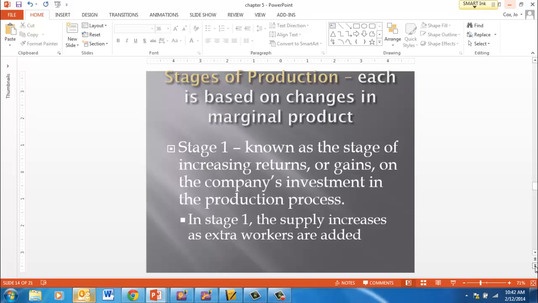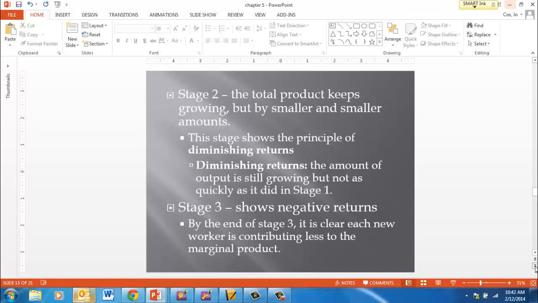So here's a little bit more on the stages. Stage 1 is increasing returns. Everything's good. The company's return on investment, adding new workers, is good. Things are working well. Supply increases every time you add a worker. Then we have stage 2, and even though the total product continues to grow, it is growing by a smaller and smaller amount. This is known as the principle of diminishing returns.